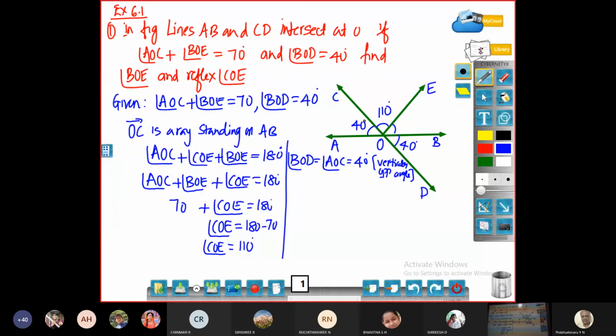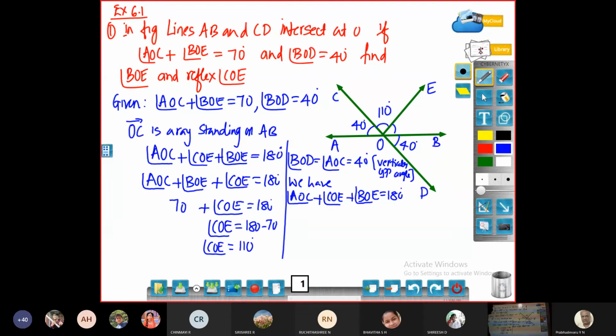Now you can calculate angle BOE. Look at this. We have these angles together, it is 180 degrees. We have AOC plus COE plus BOE is equal to 180 degrees.